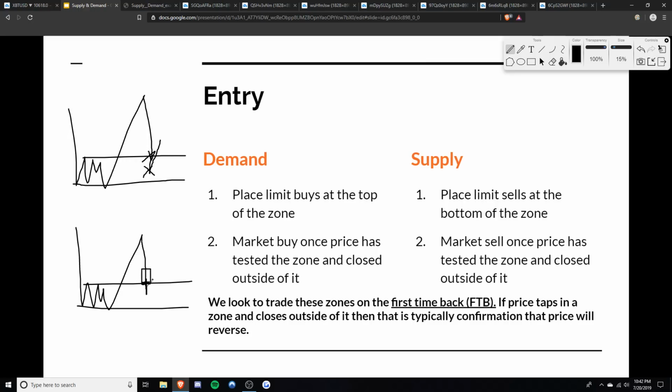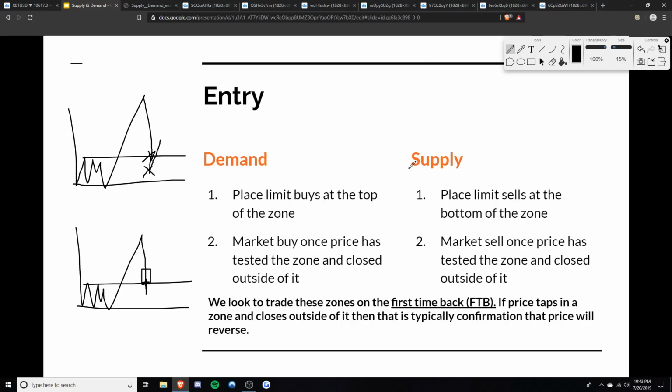It wicks down here but closes back above the zone. I have it mentioned down here. If price taps into a zone and closes outside of it, then that is typically confirmation that price wants to reverse. And you guys know, hopefully by now, that candle closes are a huge part of my trading, and it really helps for confirmation. So you could market buy on the close of this candle.